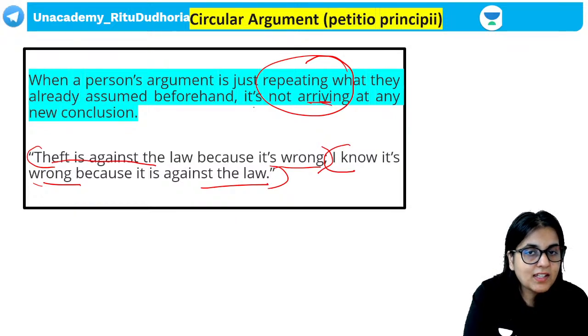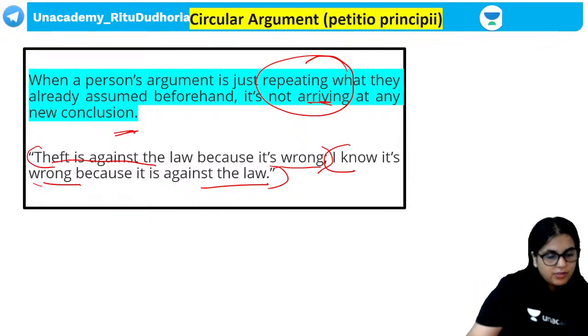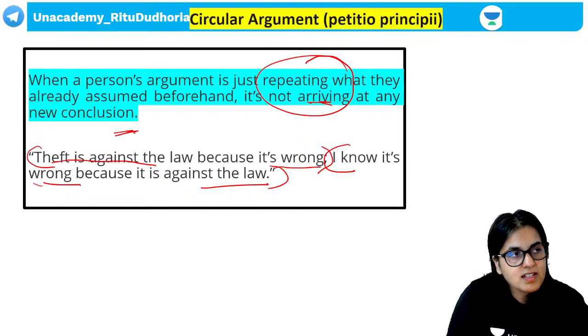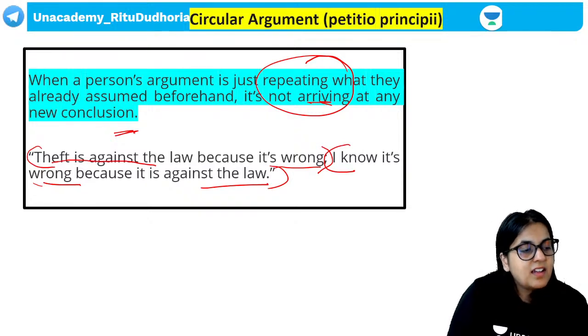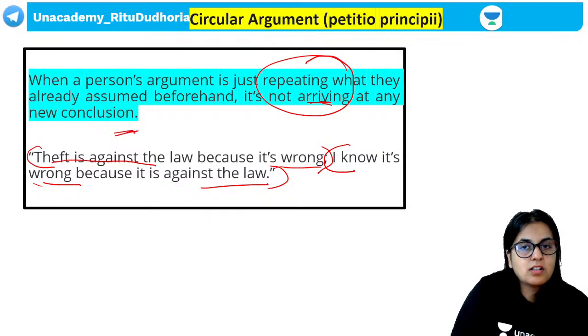So you're not arriving at any new conclusion. You're saying the same thing by going around in circles. For example, I scored less in the examination because CAT is not easy, and CAT is not easy because, see, I scored less. I'm so intelligent, but I scored less, so CAT is not easy. That's called a circular argument.